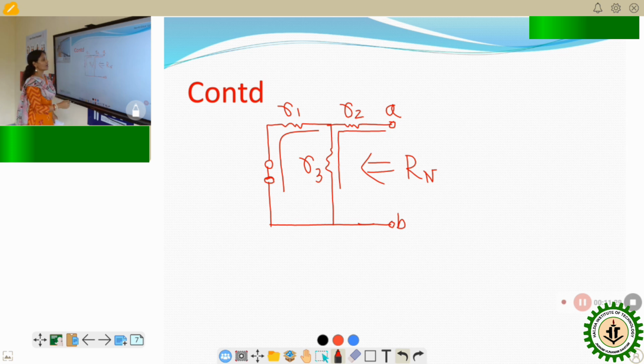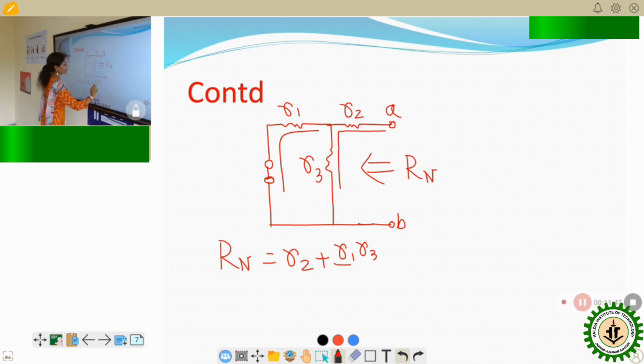That is the equivalent resistor, the Norton's equivalent resistor. So RN will be equal to R2 in series with the parallel combination of R1 and R3, that is R2 plus R1 R3 by R1 plus R3. This is RN.